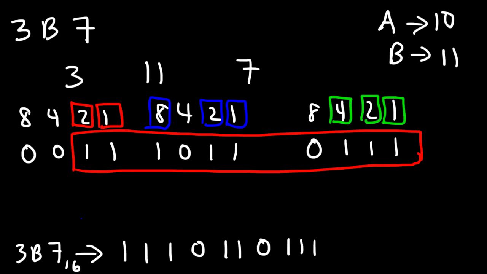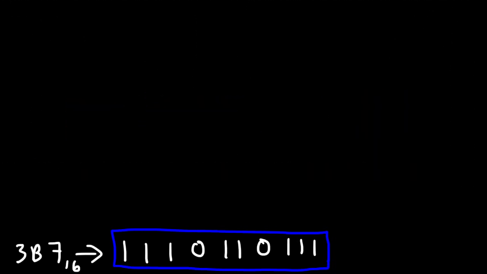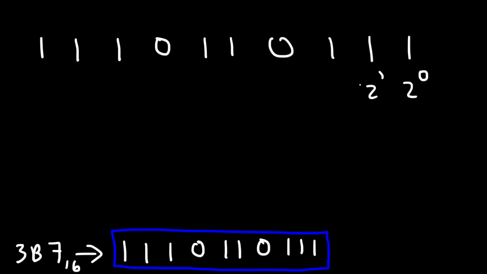Now, let's make sure that we have the right answer. So let's convert the binary number into a decimal number. We're going to multiply this by 2 to the 0. We're going to multiply this by 2 to the first, and so forth.